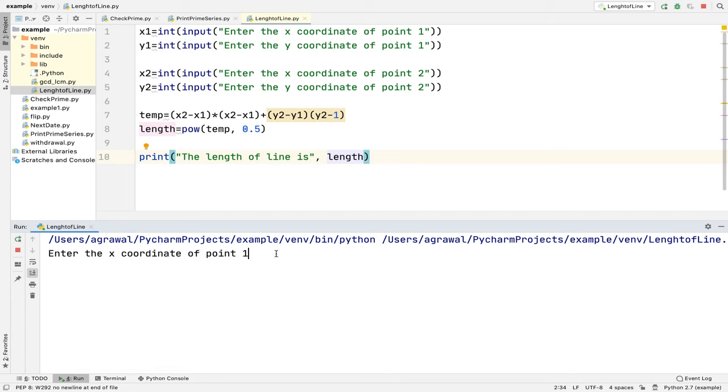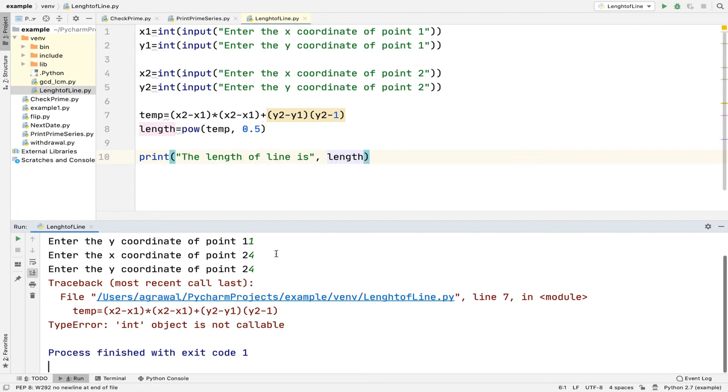Suppose my point is 1 comma 1 and the second point is 4 comma 4. Just a second. Over here I have written 1, so that was a typing error.